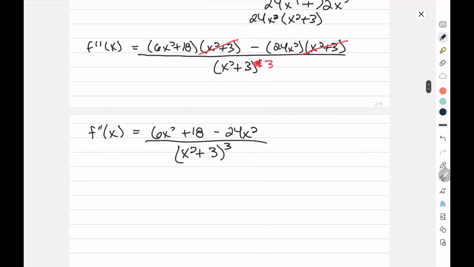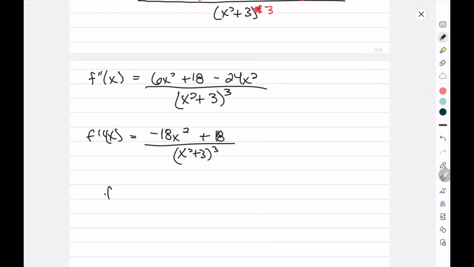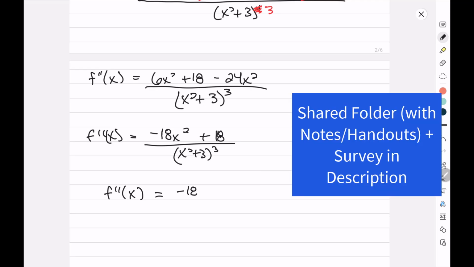If we combine like terms, we'll get negative 18x squared plus 18 all over x squared plus 3 to the 3rd power. You could leave it there, or you could pull out a negative 18, and so your final answer would be negative 18 in parentheses x squared minus 1 all over x squared plus 3 to the 3rd power.